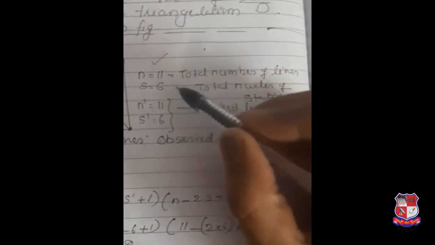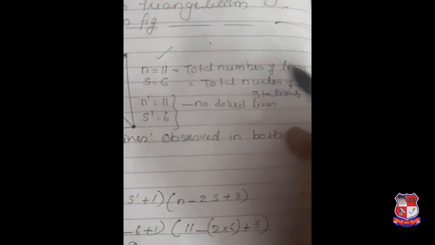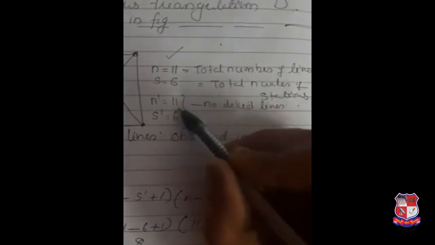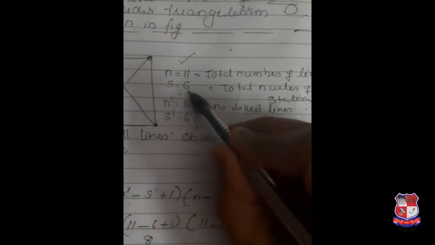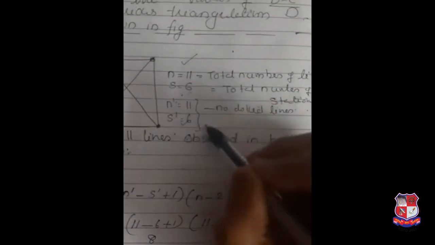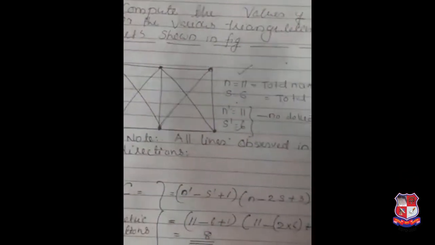From this drawing it is clear that the total number of lines is 11, S means the total number of stations, and here n dash and s dash are also the same because there is no dotted line given, unknown is not there. All the lines are observed in both directions.